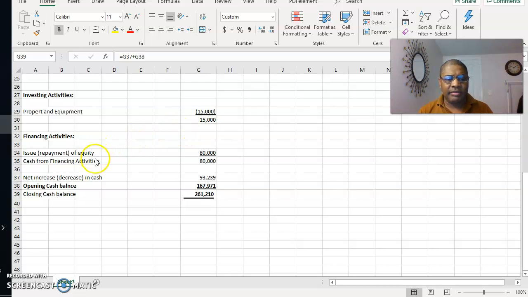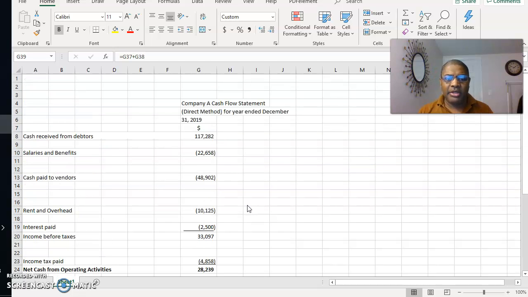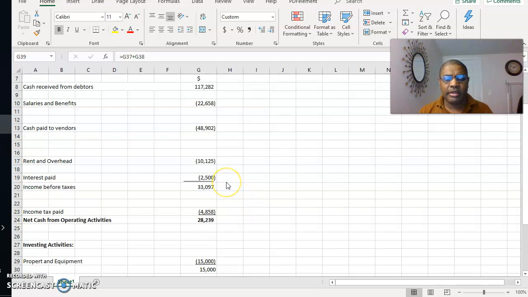The financing activities, any new amounts received from raising equity capital, are included here. And of course, the difference here is the net increase or decrease in cash. Then the opening balance is added to get the closing balance, which is also reflected in the balance sheet. There's not much more to say on this method.